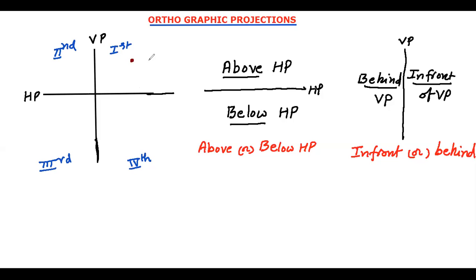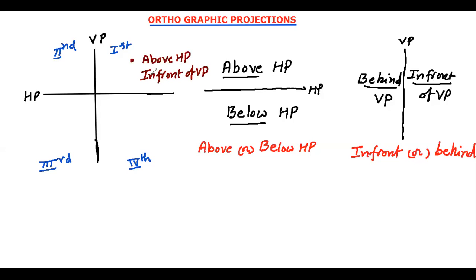So I should define this point as above HP, and with respect to VP, on this side, it is in front of VP. What does that mean? When a point lies in the first quadrant, then it is above HP and in front of VP. Or if the point is above HP and in front of VP, then it lies in the first quadrant.